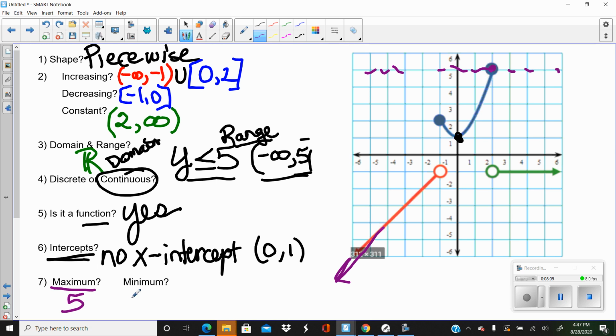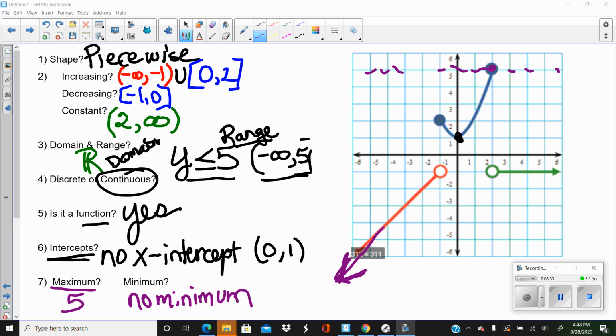We have to say that there is no minimum. There simply isn't one. Anytime you see a graph continuing forever in the upward direction, there is no maximum. Anytime you see a graph continuing forever downward, there is no minimum. You always look for those arrows to help you make that decision.